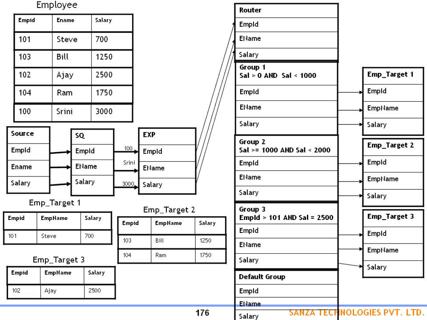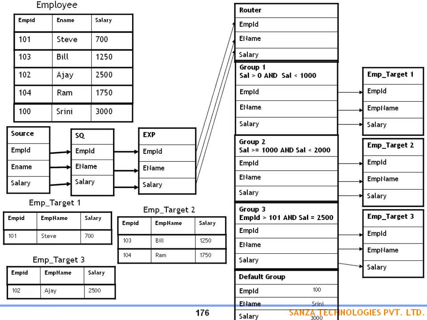Now the fourth record comes in and goes through all the conditions. This record does not satisfy any of the group conditions. Here the salary is 3000, which does not satisfy group 1, group 2, or group 3. If a record does not satisfy any of the user-defined group conditions, then it will automatically go to the default group.